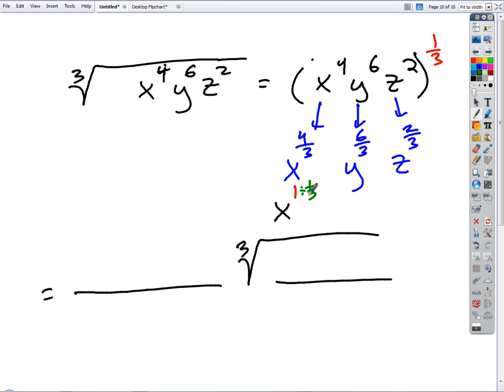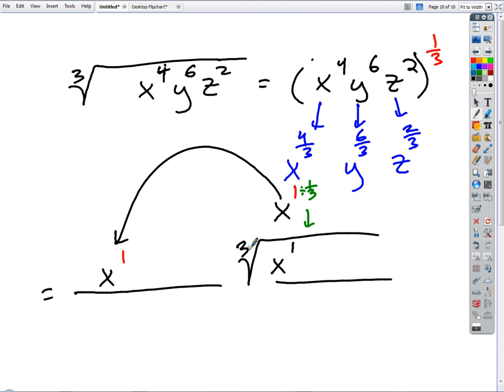So outside, we're going to get an x to the 1. Inside, we're going to get an x to the 1/3. How would we write that though? We'd write it as x to the 1, and there's my 3, the denominator. You see how that works?